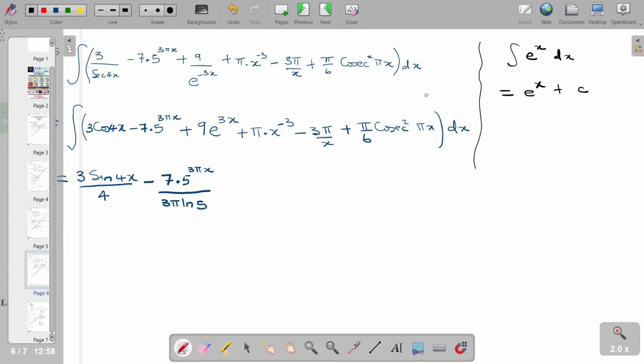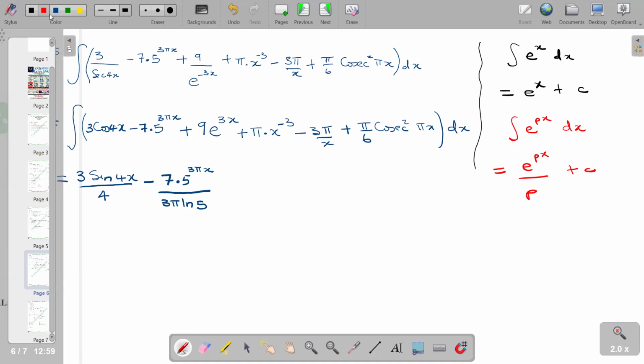But now, take note, you can be given e to the power px, which you need to integrate with respect to x. That will become e to the power px divided by p plus the arbitrary constant c.